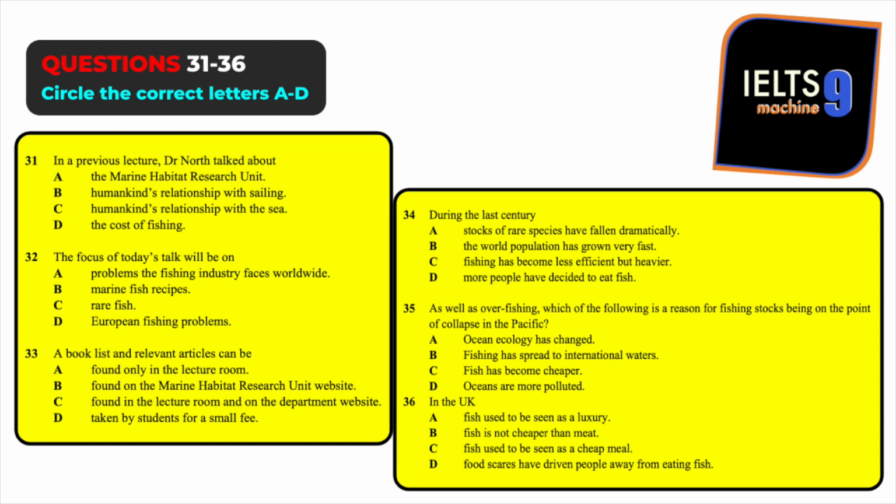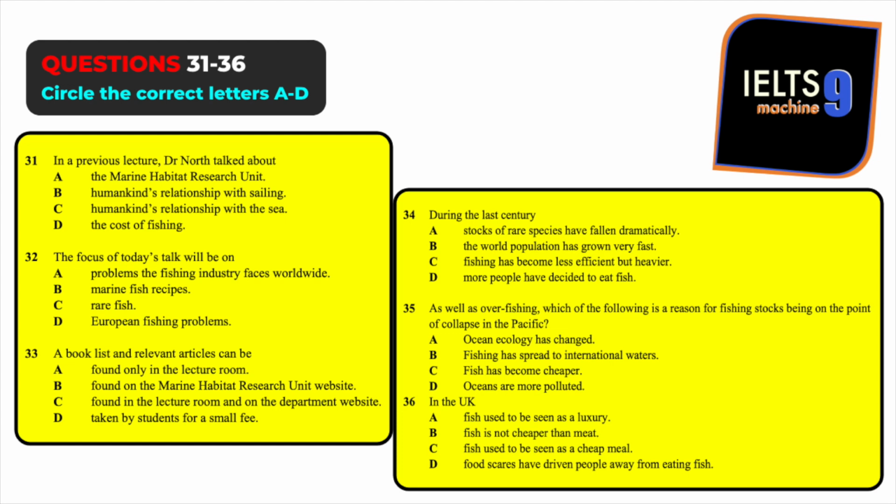Since the 1970s, stocks of the most heavily fished species have fallen on average by 90%. And why has this happened? Well, there's a chain of events which begins with the demographic changes that have taken place in the world over the last century.